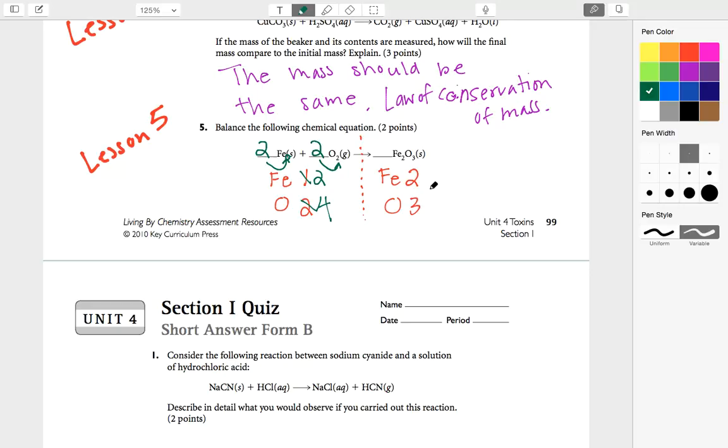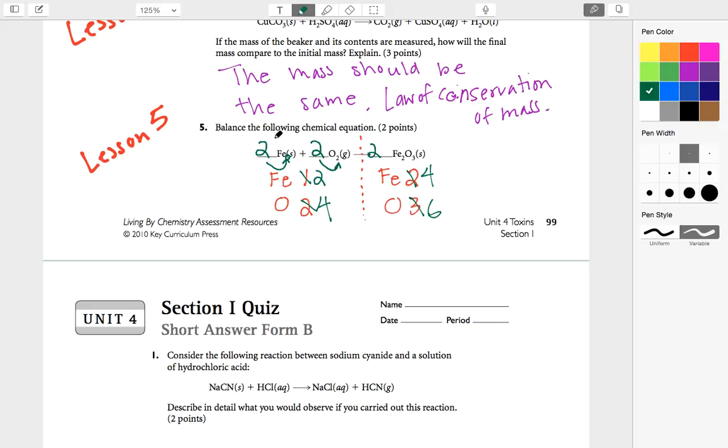But what I can do is multiply this by 2 again. Right, so that gives me 4 irons and a total of 6 oxygens, right? Because 2 times 2 is 4, 2 times 3 is 6. Now everything's out of whack, but that's okay.